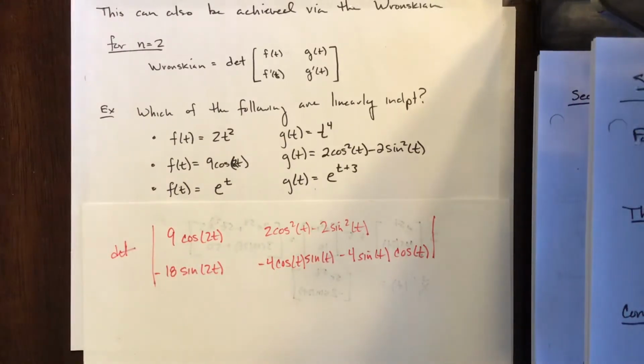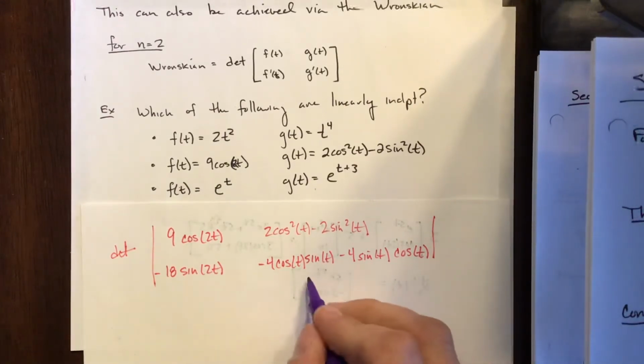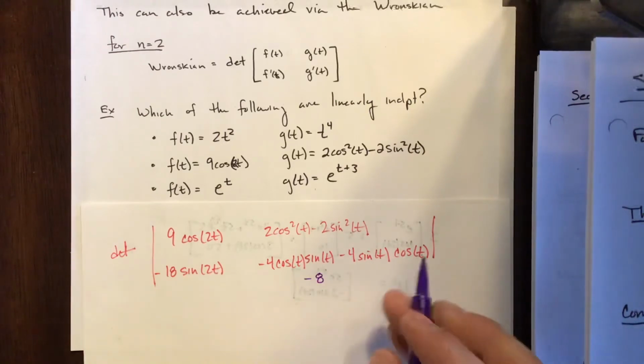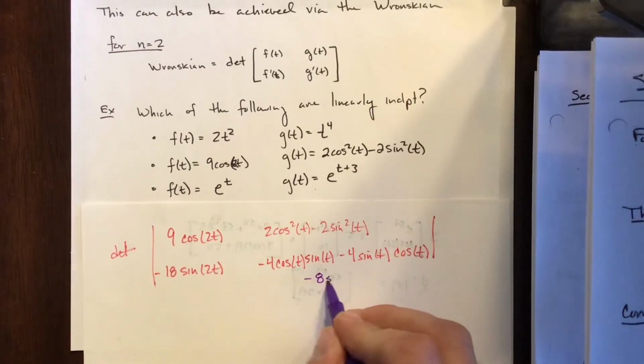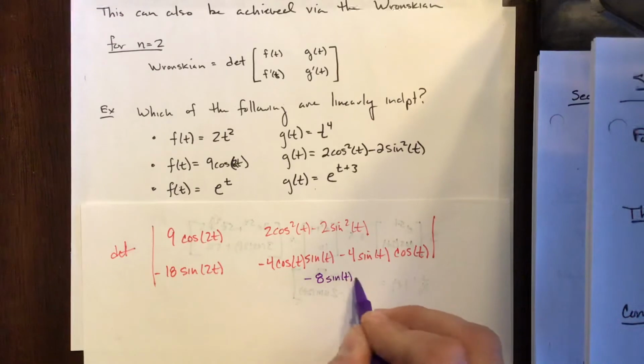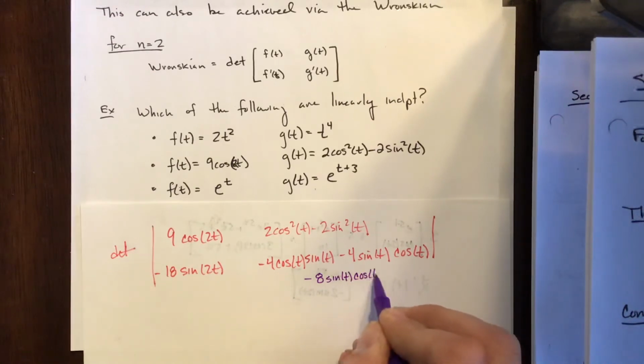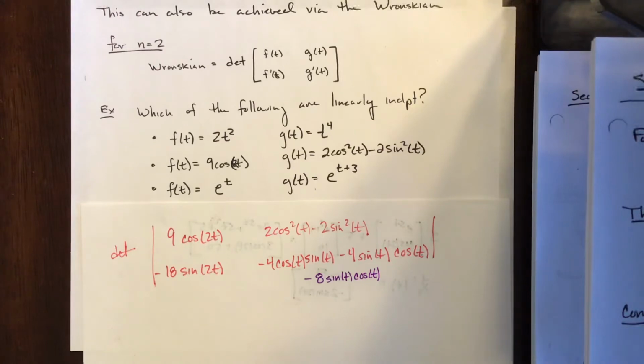Okay, I should clean that up real quick. Minus 4 cosine t sine t minus 4 sine t cosine t. That looks like it's minus 8 sine t cosine t. That way we don't have like terms unsimplified.